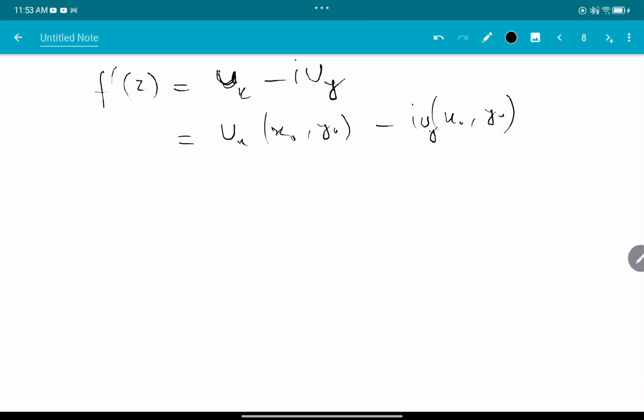You know that ux can be changed into vy and uy into minus vx.